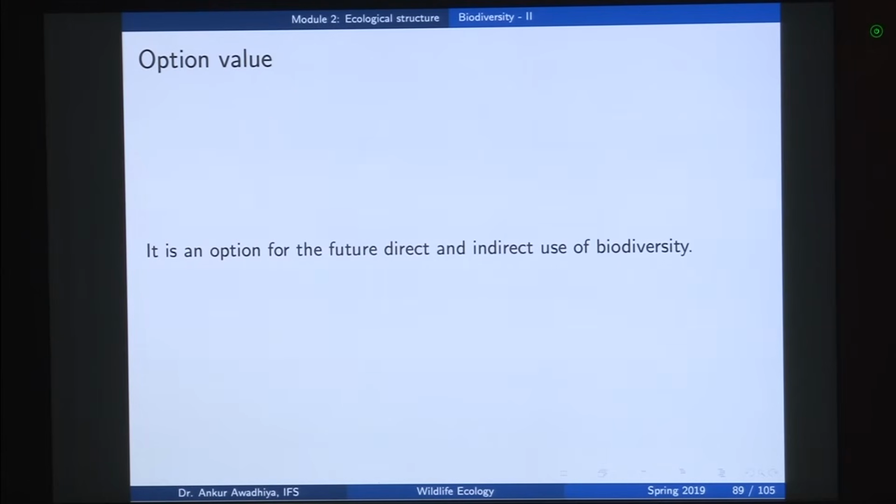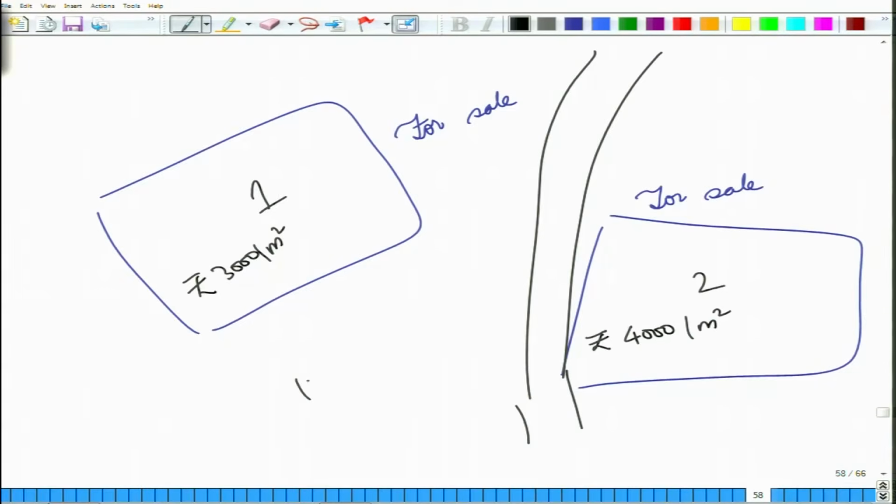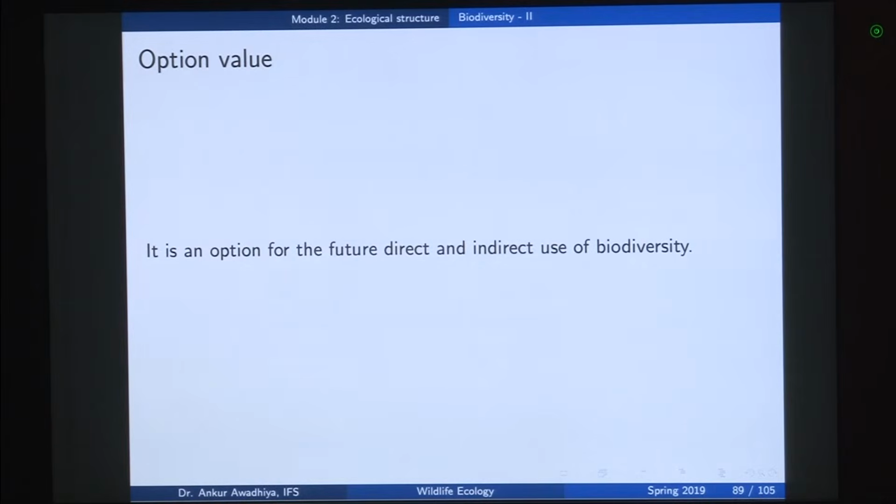Now, option value would mean that because you are not able to take this decision right now, you will pay say 10,000 rupees to this person and 10,000 rupees to this person, and you will say, okay, I am not yet sure that I want to buy this land or that land. So, you take this money and you keep this option open for me, so that I can make my decision after say 6 months.